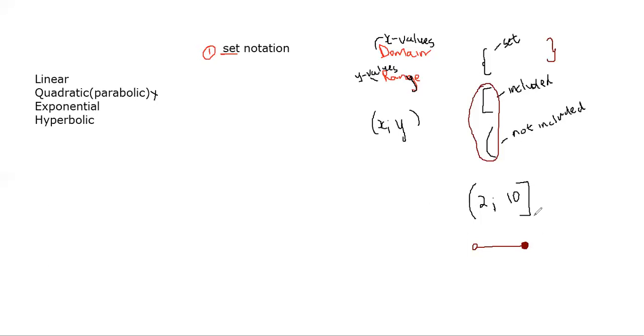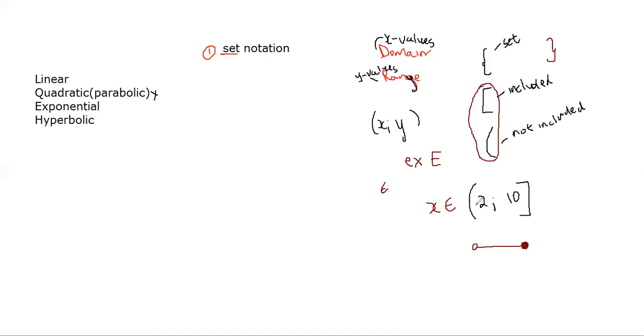Let's say they just wrote something like this. And for this element symbol, guys, don't write it like this and don't write it like this. You'll be wrong. It's like a C, and then we put a line in between. So how do you read this? X is an element of 2 to 10, right?